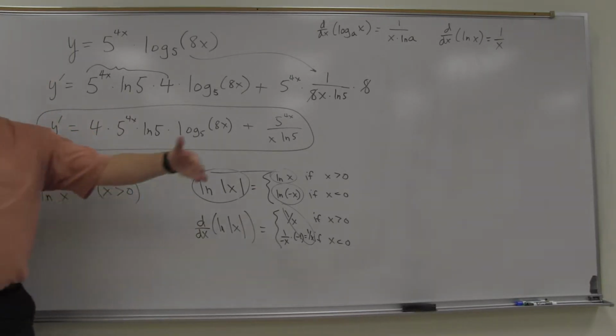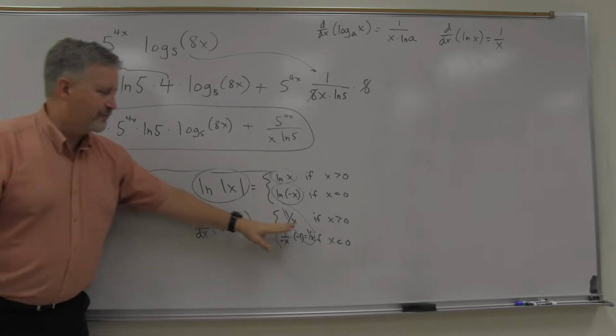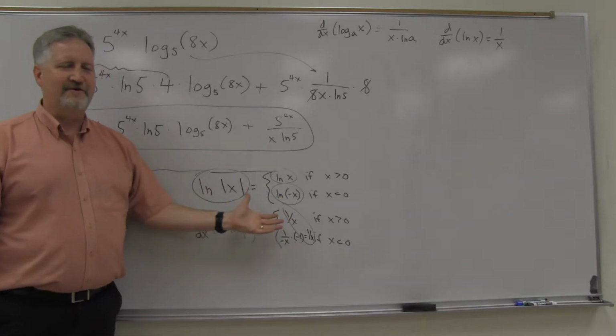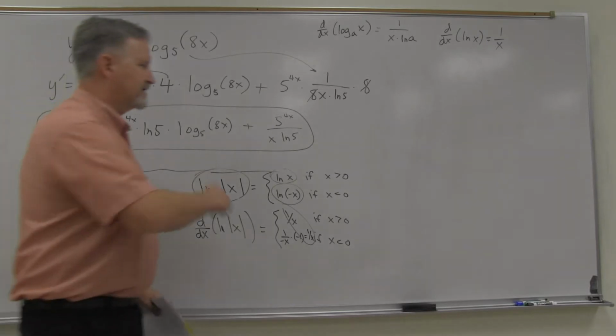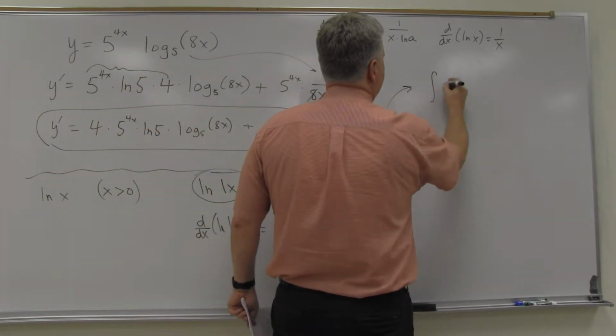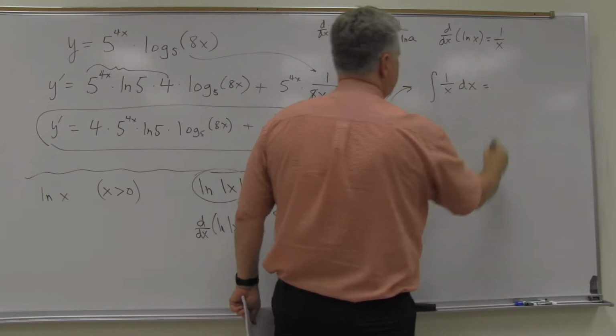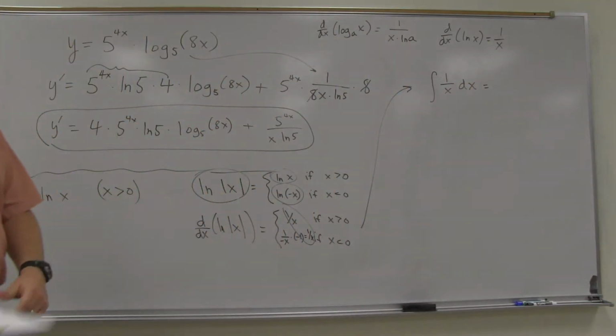However, if we look at it going the other way, the antiderivative, that's what this is really here to show you. Because here's what this means. Let's say I've got the integral of 1 over x dx. I'm wanting to do that integral.